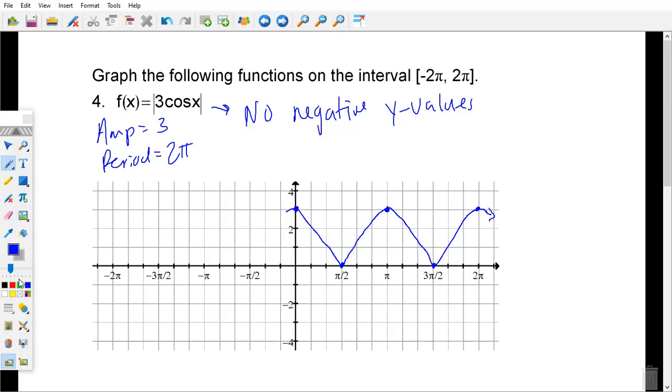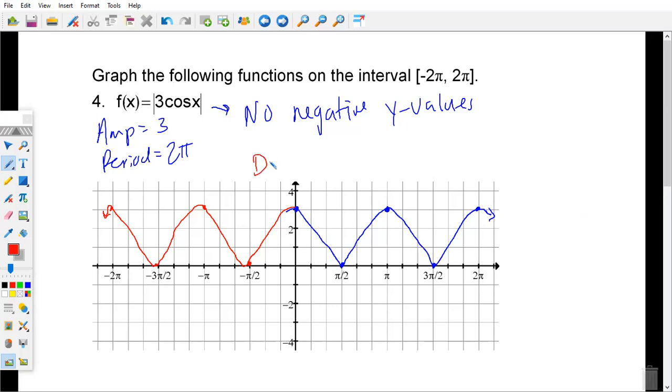Okay, and then on the left-hand side, because cosine is an even function, it's just going to do what? Mimic itself, right? And notice, do I have any negative y values? Nope.